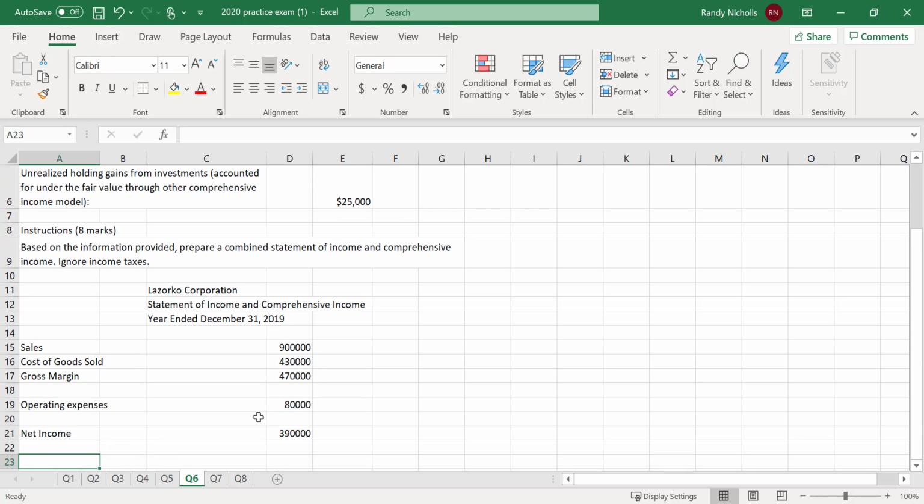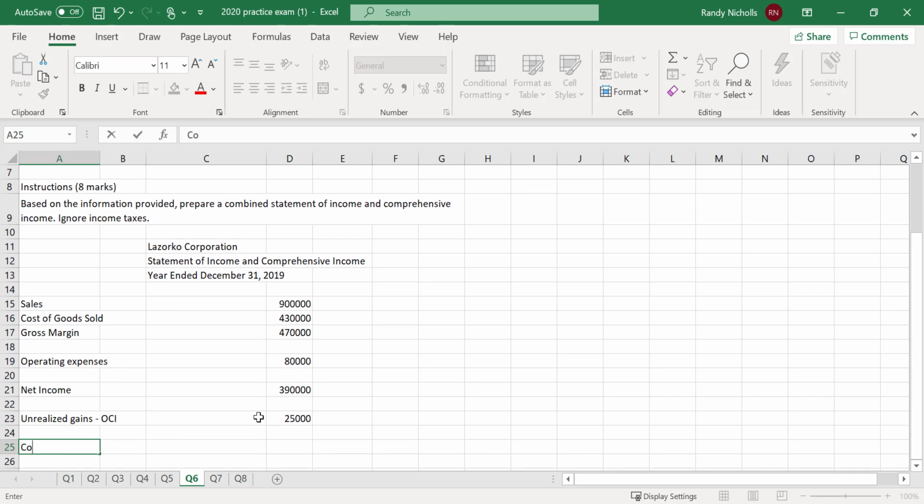Then I've got OCI, unrealized gains. Yeah, it is gains, 25,000, and my comprehensive income: net income plus OCI.